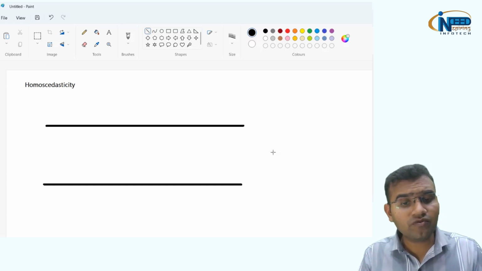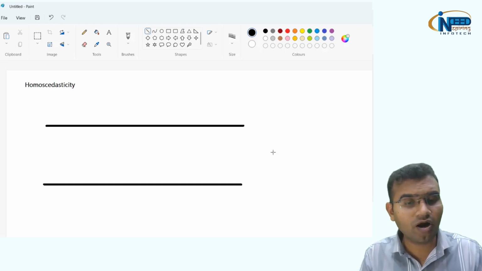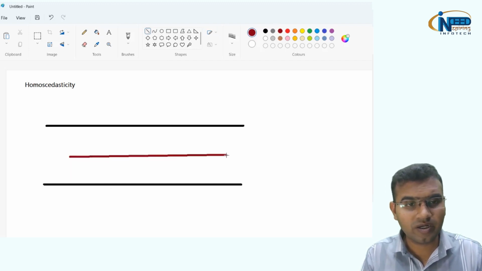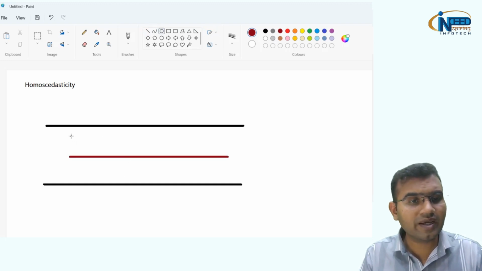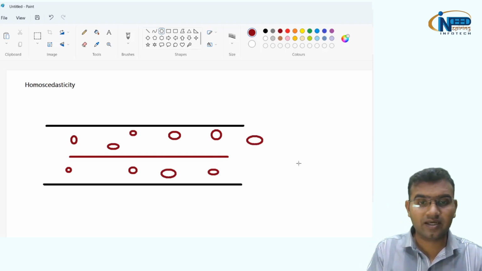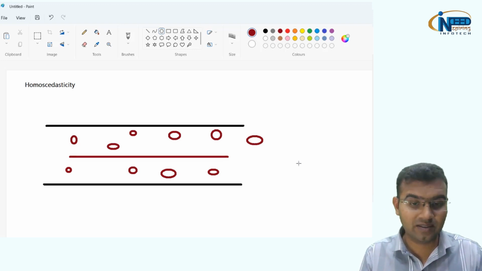Now when we are plotting errors, in that particular case, these errors and the output variable should have no relation. So let's say this is your output, and your error should be anywhere. They shouldn't show any kind of relationship with the output. That is homoscedasticity.